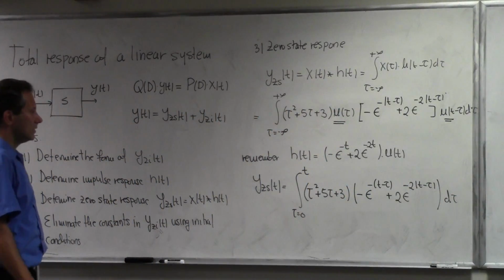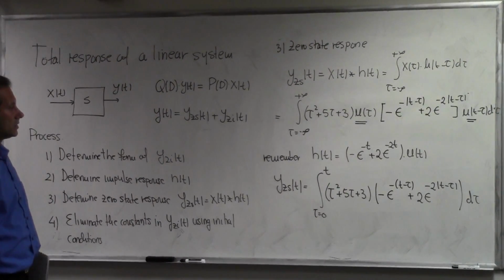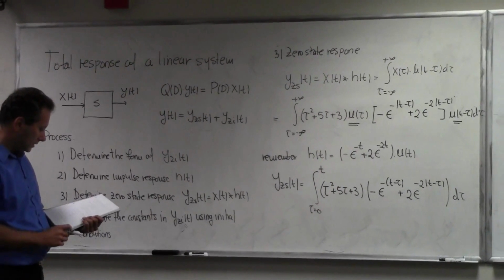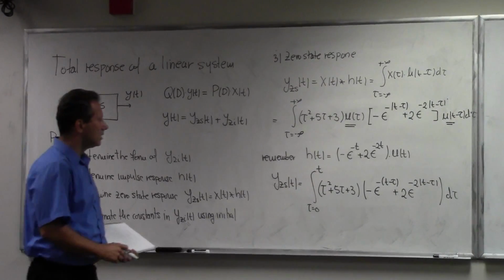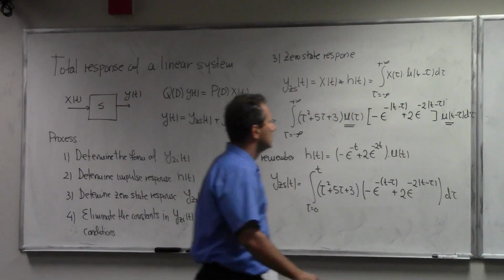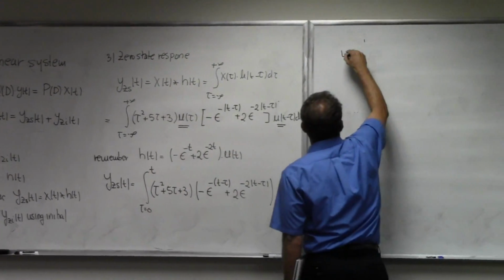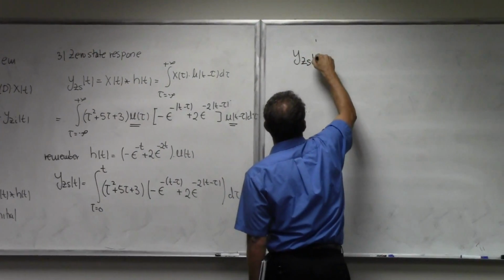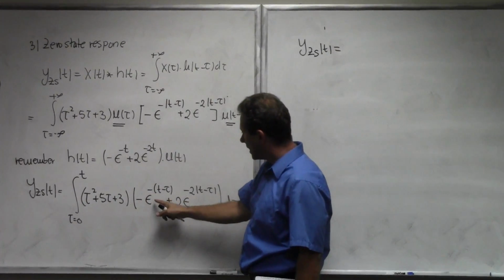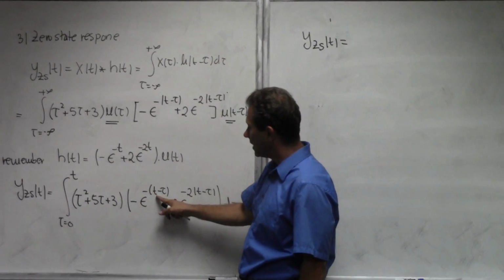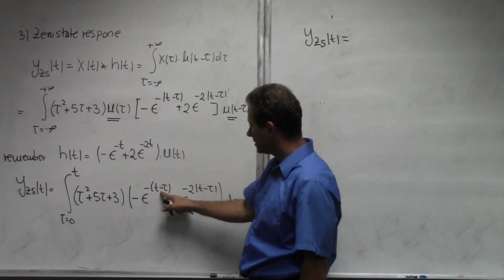Okay? Now that you get this, you can see that this is a function of t. There are some terms there that are only t terms that can come out. So let me bring those out and just leave the terms that depend on tau inside the integral. So you end up with y0 state of t equal to, you can see the first integral, I can take e to the minus t outside, and then this minus minus gives me plus.